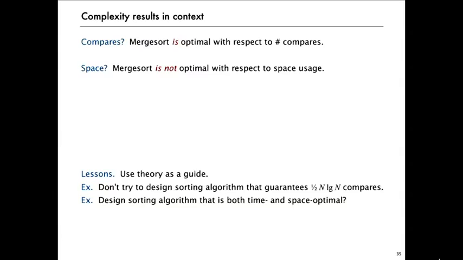Is there a method that uses half n log n compares? The lower bound says no. And that's a very useful thing, because otherwise we might try to define such an algorithm. On the other hand, maybe there is an algorithm that uses n log n compares and also uses optimal space. It's optimal with respect to both space and time, and that's what we're going to look at soon.